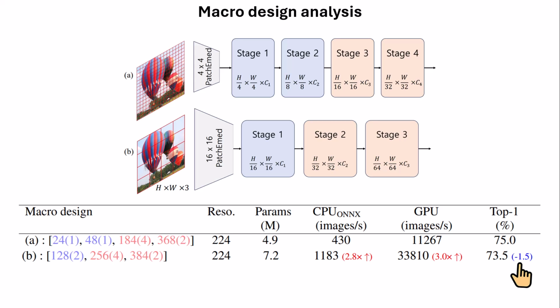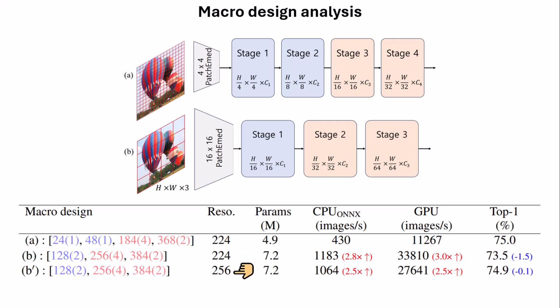Even though it is making me 3 times faster, I don't accept a 1.5% drop in accuracy. But let's just increase the resolution from 224 to something higher like 256. And simply by doing it, now we are 2.5 times faster than baseline, the first design I mean, but the accuracy is only 0.1% worse.